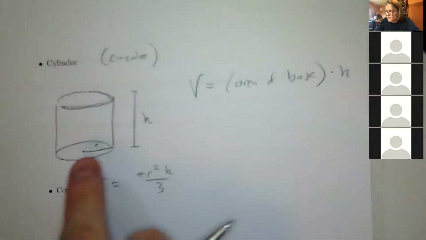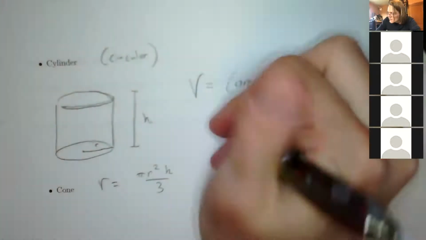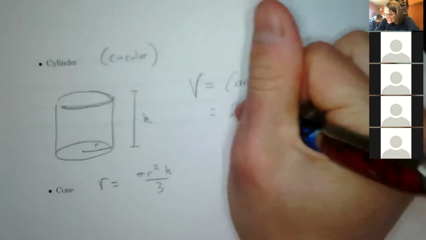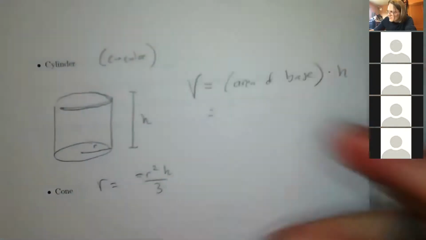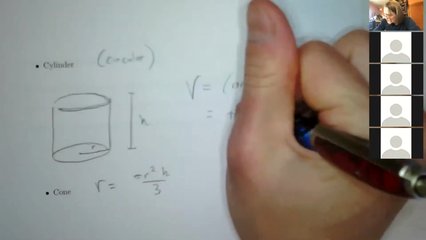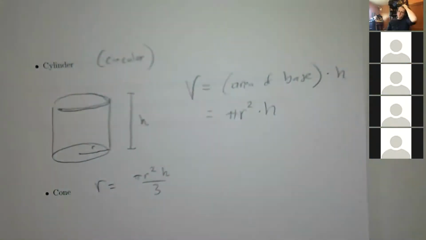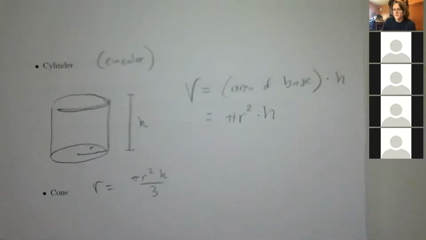In this case, the base is a circle, right? So the area of the base is going to be pi r squared, and then times h. And there you go. It's kind of exciting. Questions with that? And we'll do some examples, as I said, once we finish the rest of these.